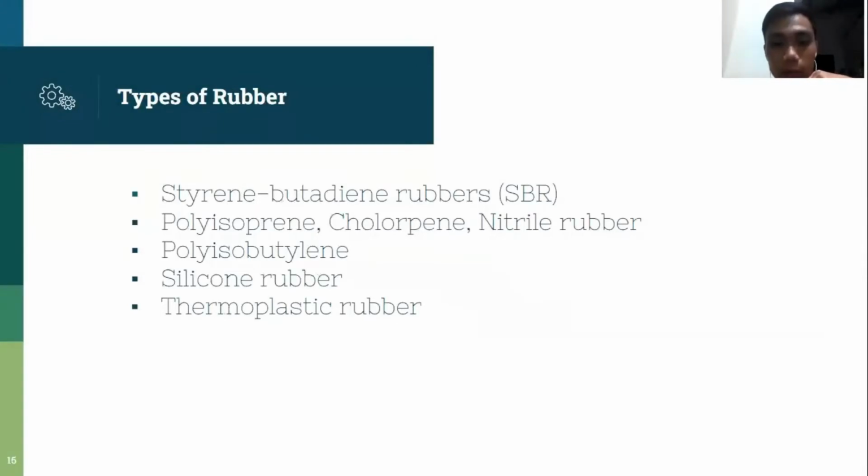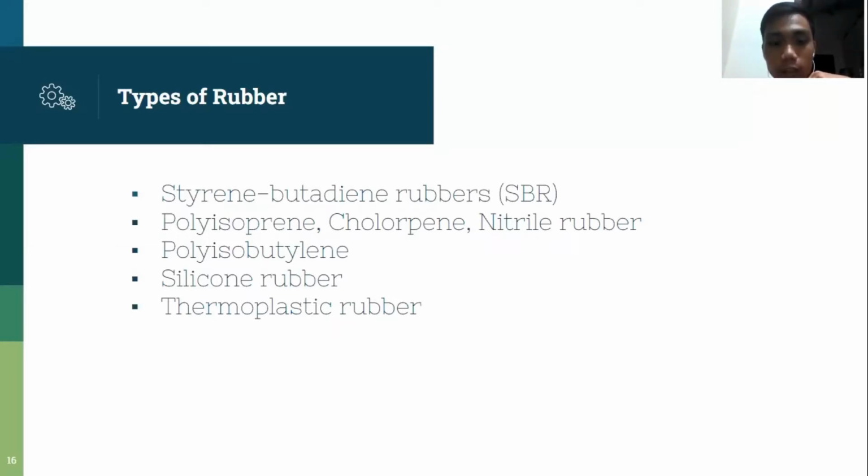The most prevalent synthetic rubber today is SBR, or styrene butadiene rubber. Others include polyisoprene, chloroprene, and neoprene rubber. Polyisobutylene is commonly used in inner tubes of tires or linings owing to its resistance to diffusion of air through the lining.